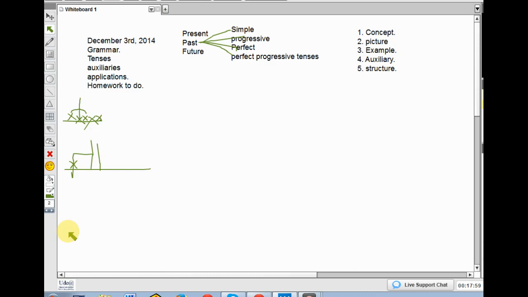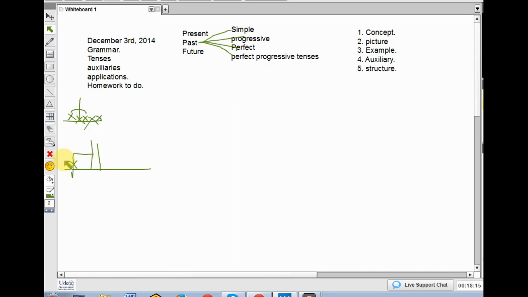Example. Had you studied English before you entered the university? So you entered the university. You entered the university is an action that took place in the past. And the past perfect is the past before that past.